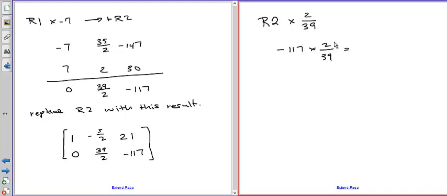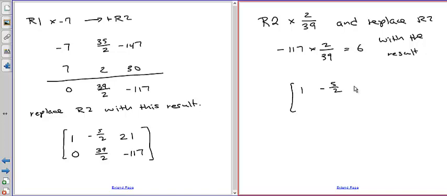So 2 times 117 divided by 39 is 6. So we're going to multiply row 2 by that and replace row 2 with the result. So now what we have is 1, negative 5 halves, 21, 0, 1, 6. Okay, so that's where we want to get to.